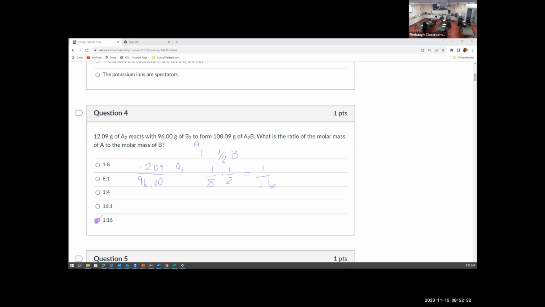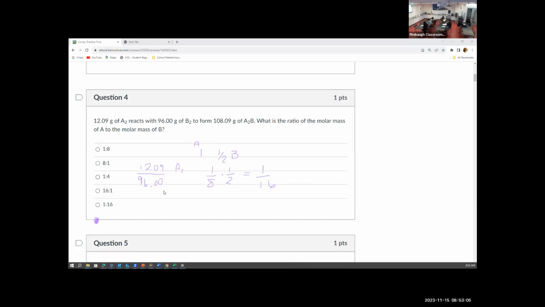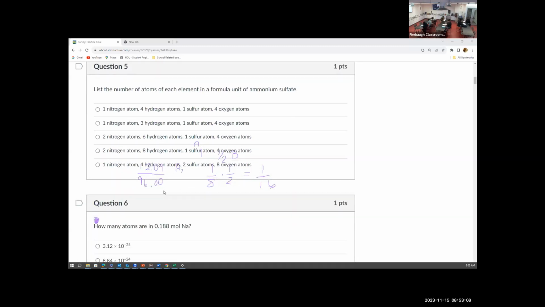So my correct answer should be B. So that ratio is going to be a 1 to 16 molar mass ratio. That one's a little bit tricky because it's playing with a combination of mass and then you're figuring out the molar mass.